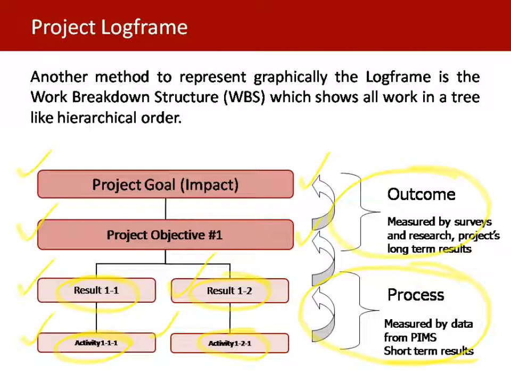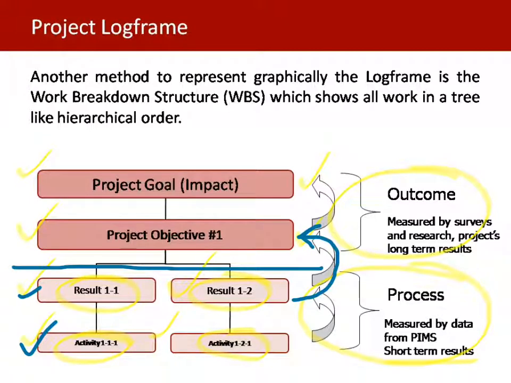Up to this level, we have a project that is doing activities and producing results. Those results create changes in behavior in a group of beneficiaries that will eventually give us the objectives and the final goal. That is why it is important that we have process indicators and outcome indicators.